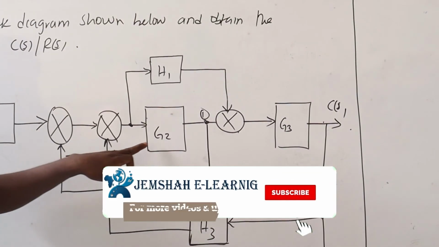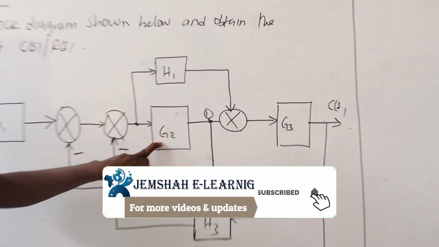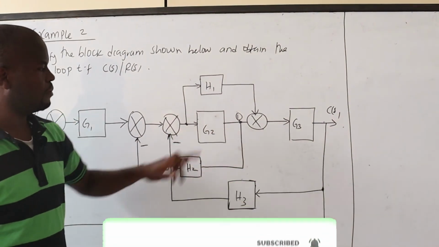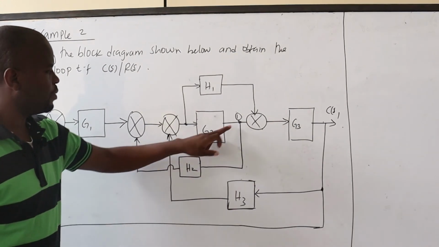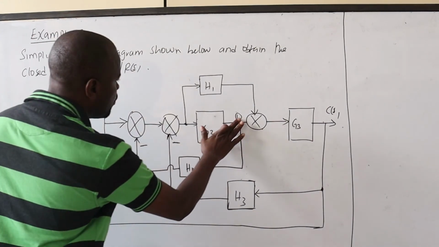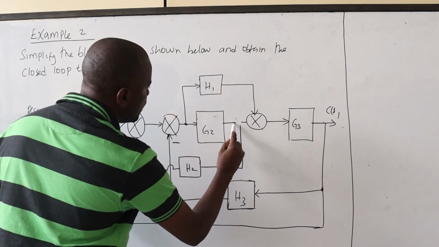Block G2 was part of that signal, which was just after G2, so if we move the pick-off point ahead of it, we need to multiply by G2.